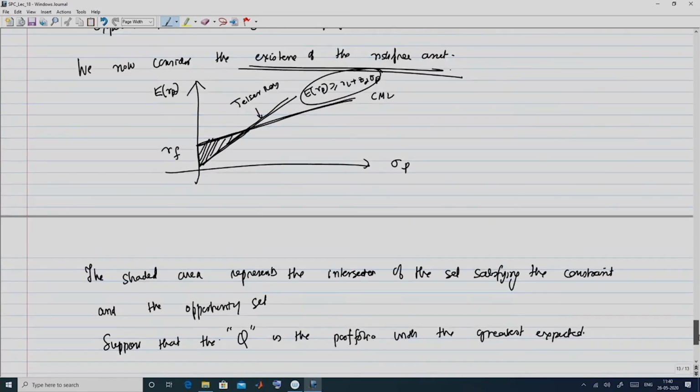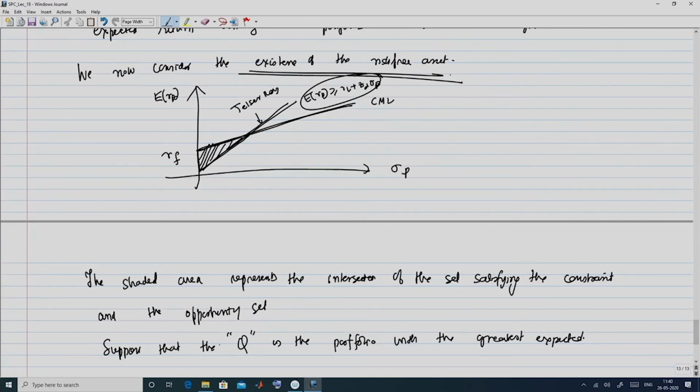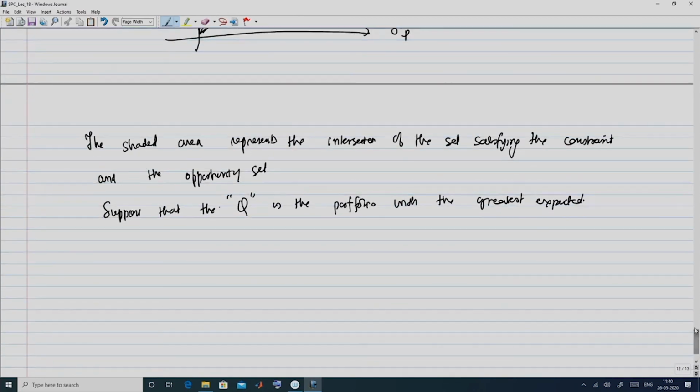The portfolio with the greatest expected return is going to be on the point of intersection. So, amongst all the portfolios here, the one with the greatest return is going to lie here, at the intersection of the Telser ray and the CML.